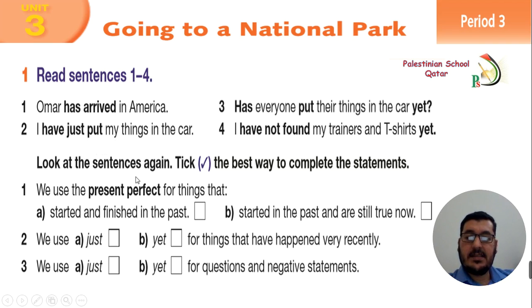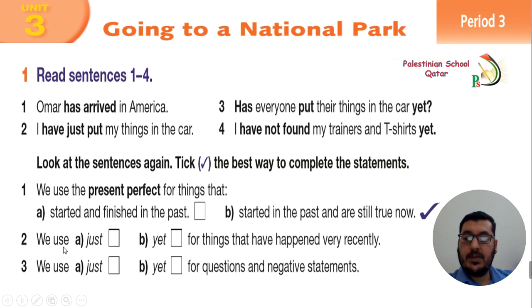Now look at the sentences again. Check the best way to complete the statements. We use present perfect for things that started and finished in the past, or started in the past and are still true now. Yes, started in the past and are still true now.